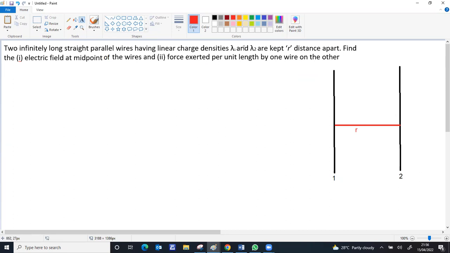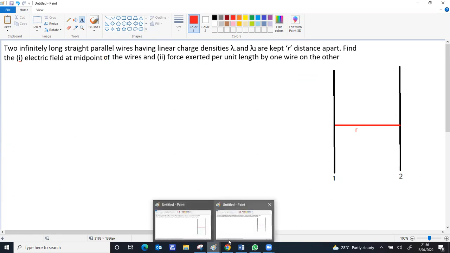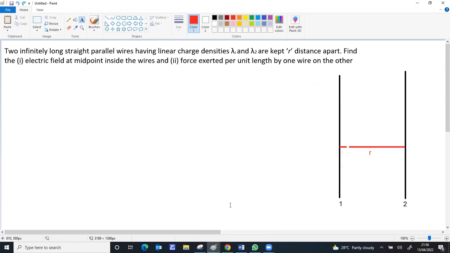Both the wires are positively charged because the charge is not given. So, the midpoint.